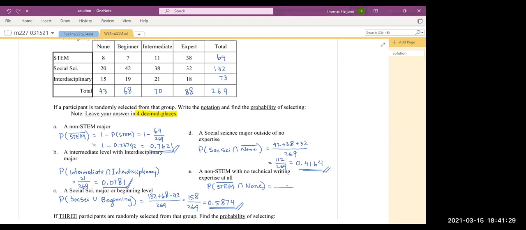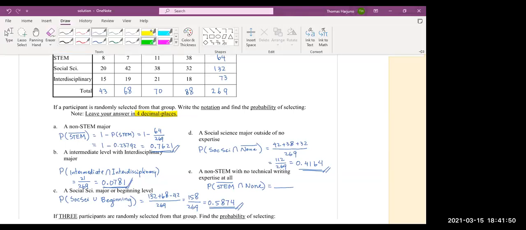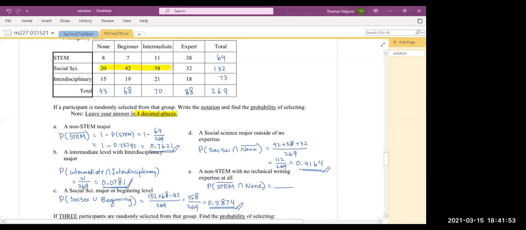So the first horizontal and the one before the totals vertical? No, you're thinking too hard. It's an intersection: outside of STEM and no technical expertise at all. So outside of STEM refers to these. These are outside of STEM. Intersect with no technical expertise at all. This one.